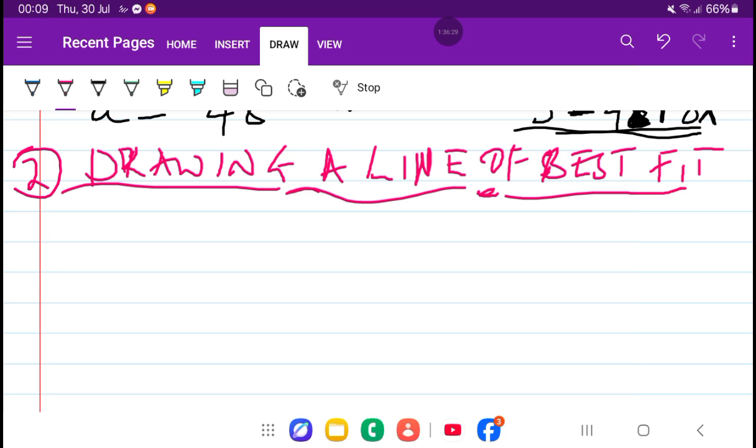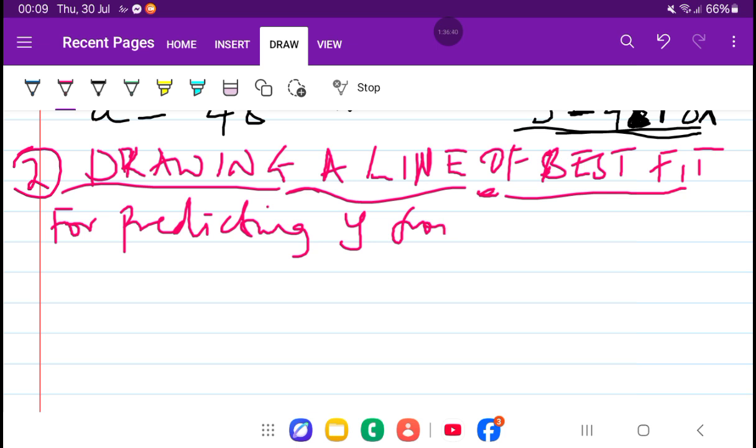Of course, specifically we want to predict, this is for predicting y from x. If we are to see the graphical aspect, you are going to understand why we are giving these methods differently.